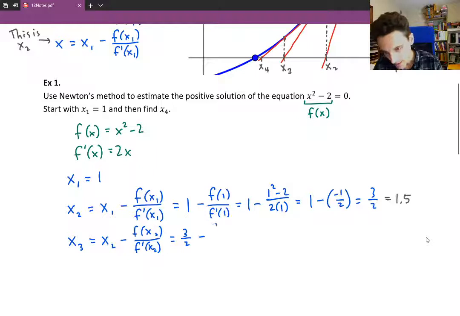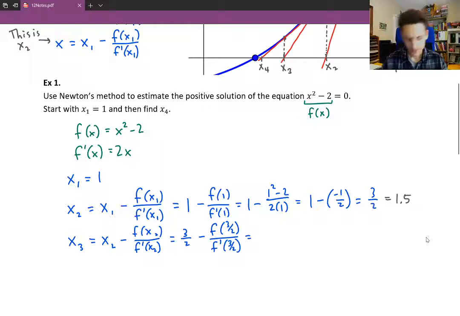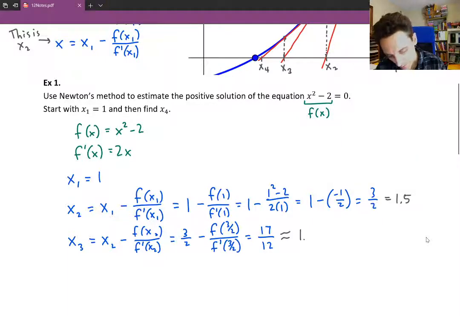So we have 3 halves minus f of 3 halves over f prime of 3 halves, which, long story short, gives you 17 over 12, which is approximately 1.41667.